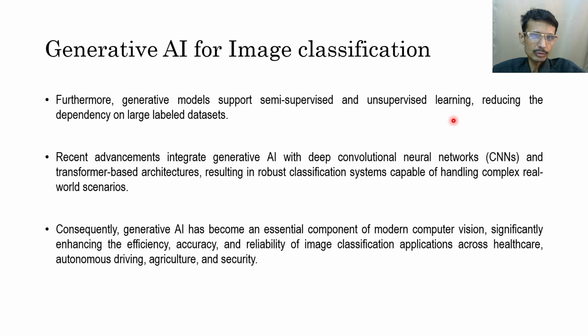So that is important. Why are we putting in this effort? You have to understand there is a standard literature on image classification using CNN-based architectures. But now we have to understand how generative AI is going to help over the normal CNN architecture by synthetically generating new data.